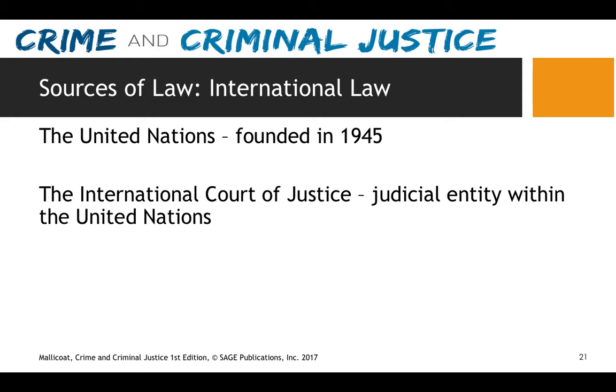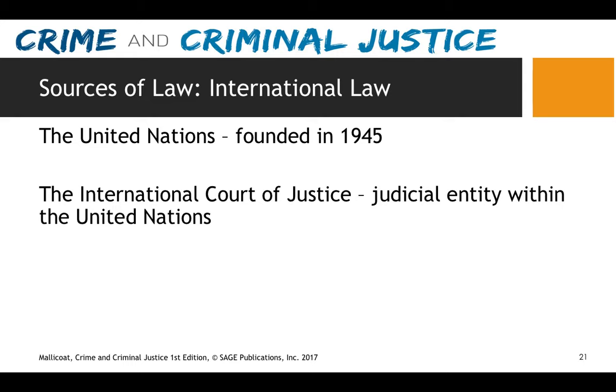We also have the International Court of Justice, and this is where they will bring, for example, war criminals and try them for their war crimes. And this is the judicial branch, meaning the court branch of the United Nations.